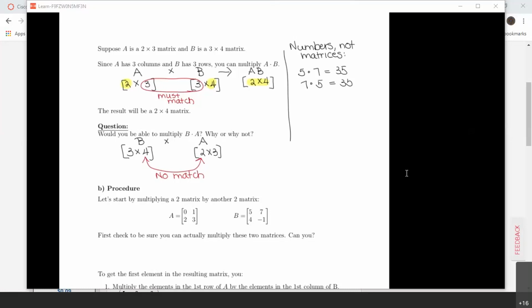This is sometimes called the order, or if you went to school a little earlier, the commutative property of multiplication.